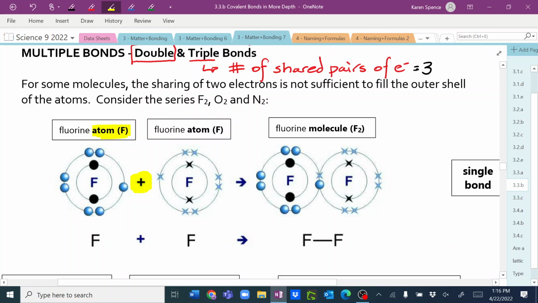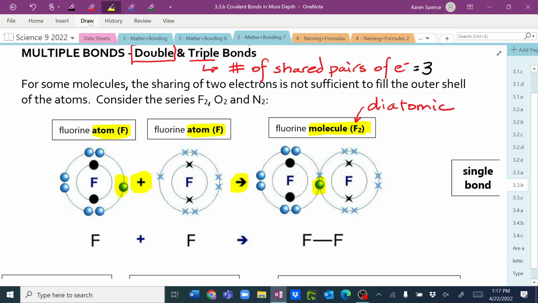Now, if you're wondering why some of the electrons are circles and why some are X's, the reason is that it is easier to see which electron came from which atom. So we have the left hand fluorine and the right hand fluorine, and we can see that one electron came from here and the other electron came from the other atom.